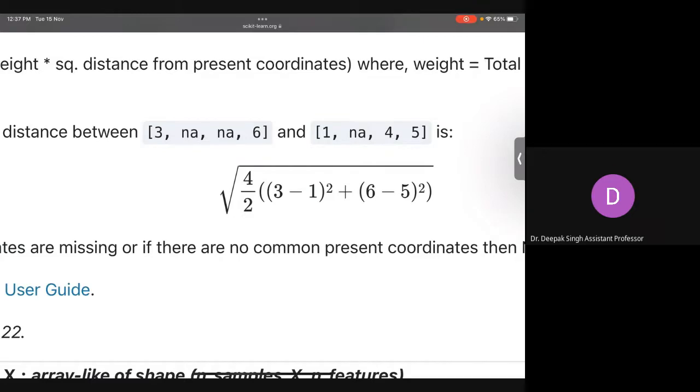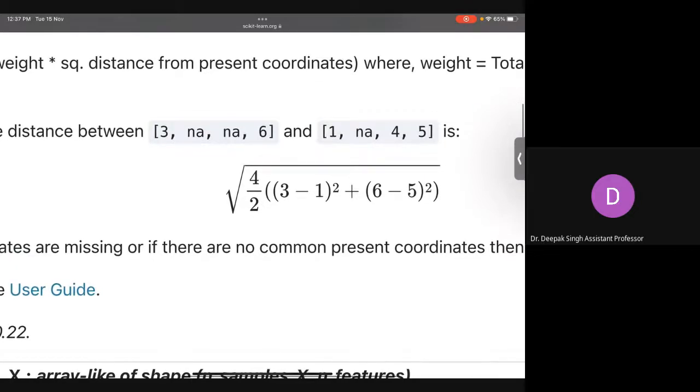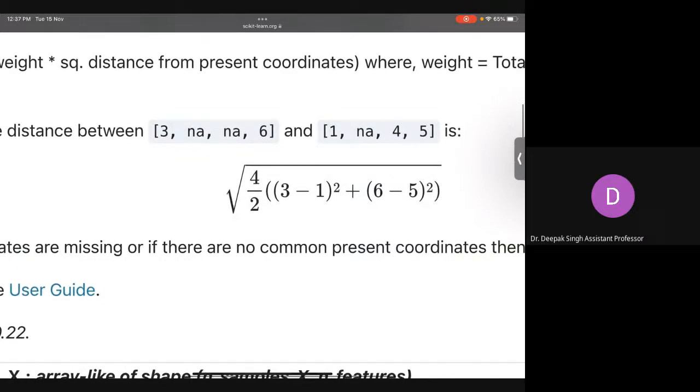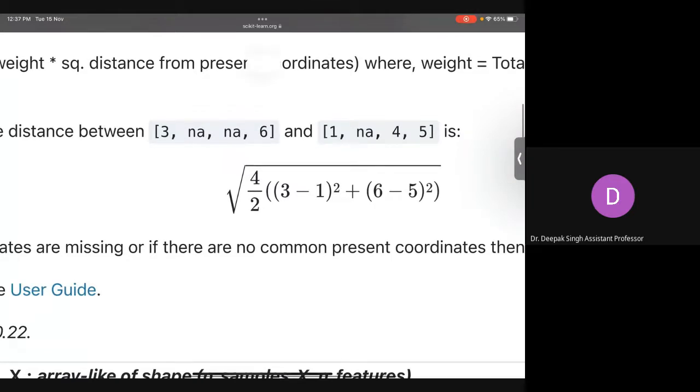To compute the Euclidean distance in the case of not a number, how they're doing it is, see 3 and 1. The first coordinate of both the data points are numbers. They will be used as (3 minus 1) whole square, as well as the last values 6 and 5. They both have values, so they will be used as it is in the Euclidean distance. And for the rest of the data points, where you are getting not a number in any of the cells, you won't be considering them in the Euclidean distance.